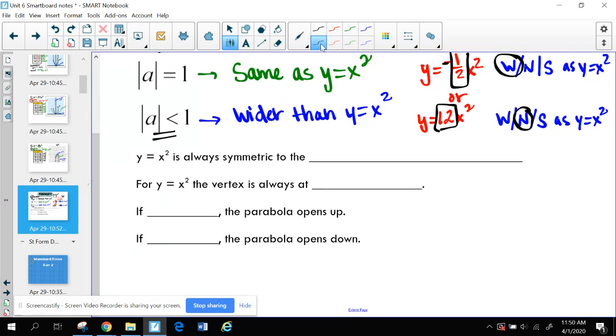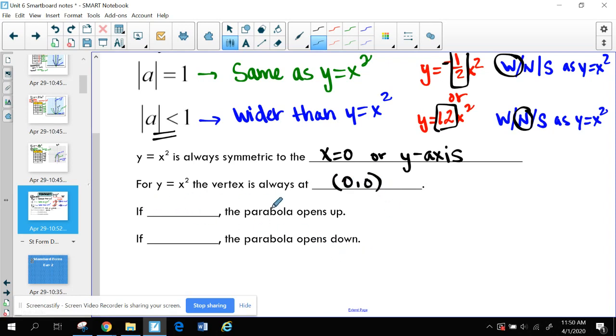Last couple things to summarize then. It says y equals x squared is always symmetric to x equals 0, or what we call the y-axis. For that same equation, y equals x squared, the vertex was always at 0, 0.